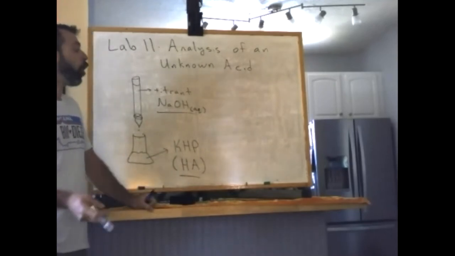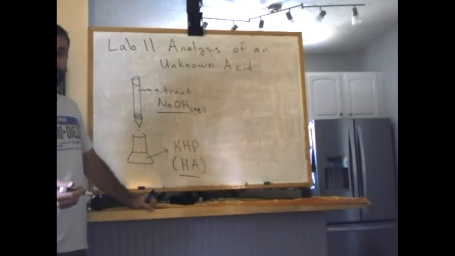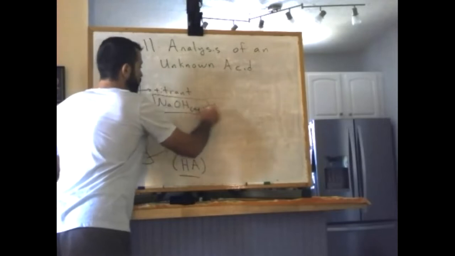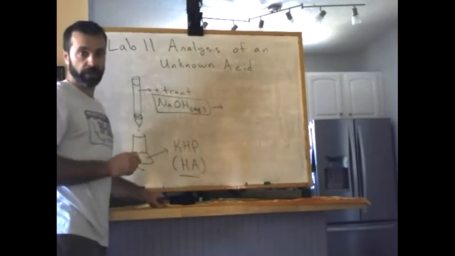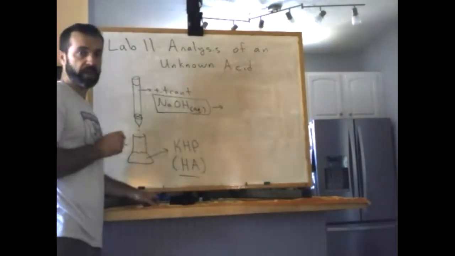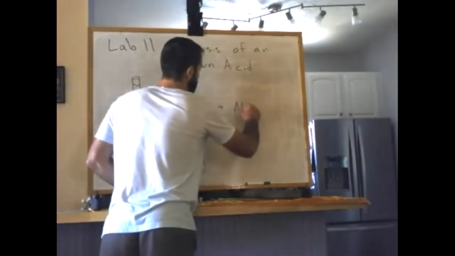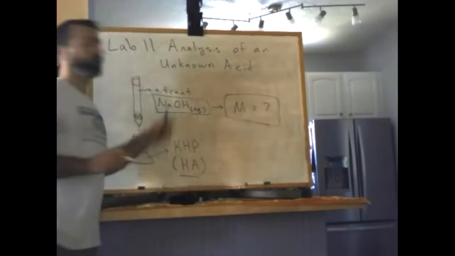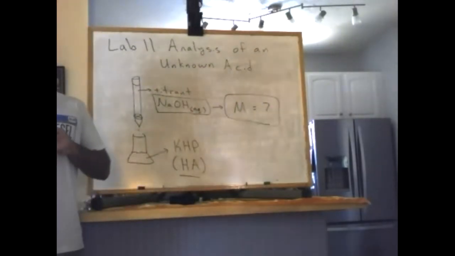All right, the goal of the first week of this experiment is to use this titration to determine the unknown concentration of sodium hydroxide. So we want to find the molarity of this solution of sodium hydroxide.